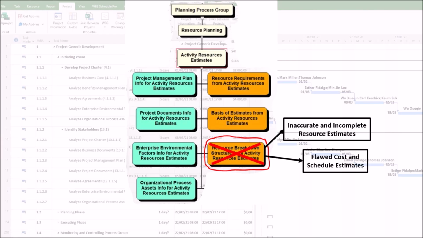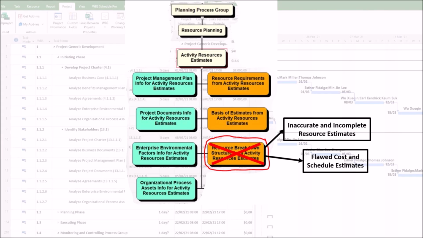2. Flawed cost and schedule estimates. The outputs of estimate activity resources are direct inputs to the estimate costs and estimate durations processes. A poor resource breakdown structure poisons these downstream processes as follows. First, unreliable cost estimates. Without a detailed breakdown of resource types and quantities, you cannot assign accurate costs.